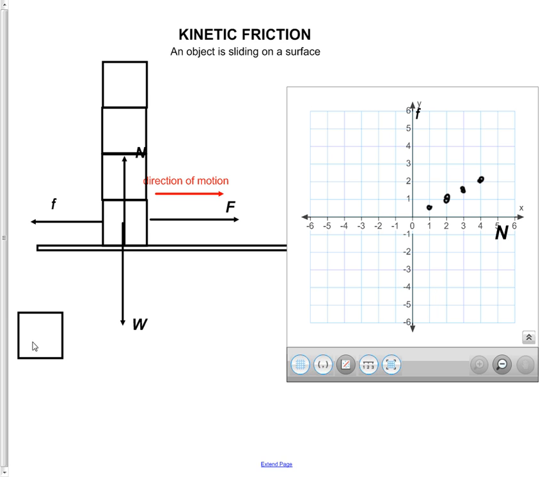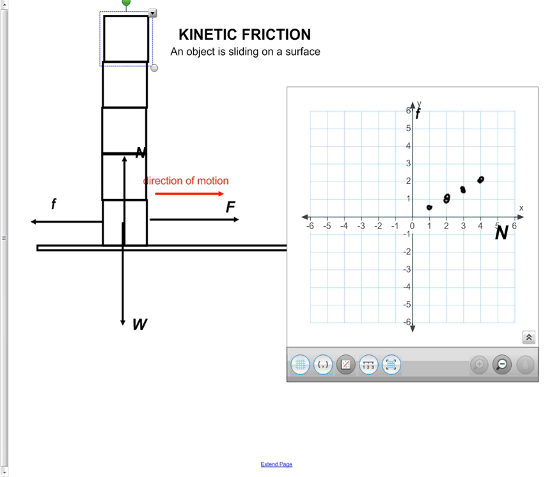Finally, I've got 1 more box left. Might as well finish this experiment off. Now I've got 5 boxes. The weight is 5 times bigger than 1 box. The normal force is 5 times bigger. The frictional force, again, gets bigger. In other words, what I'm finding is the harder I press these surfaces together, the bigger the kinetic friction force is.